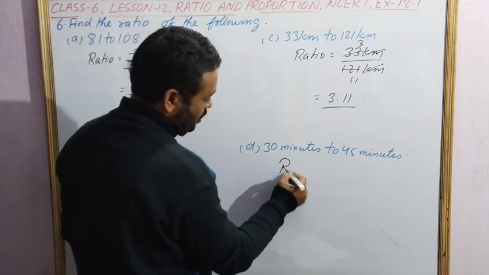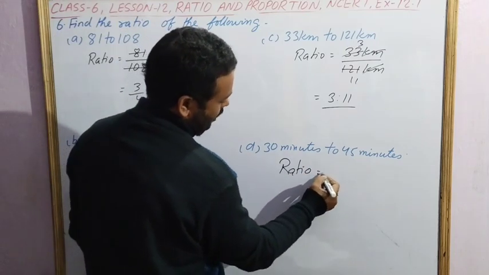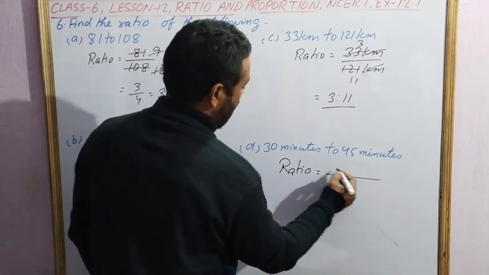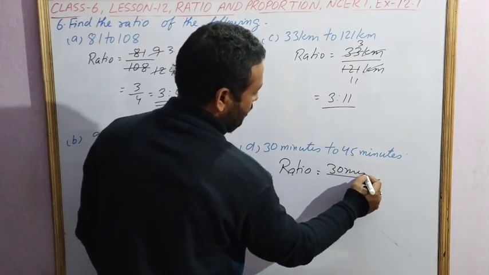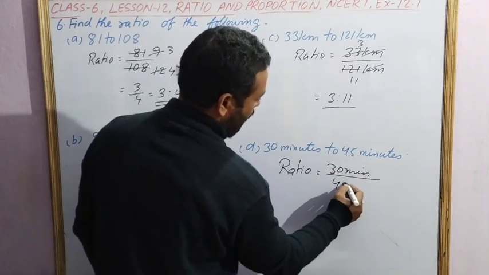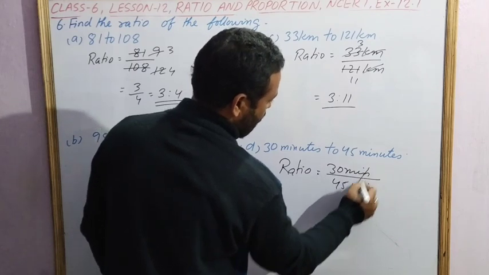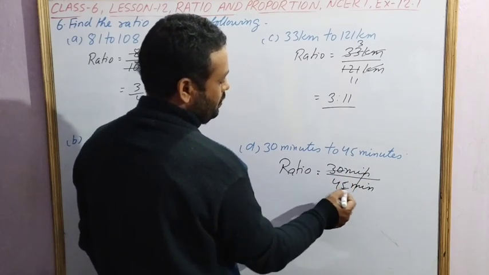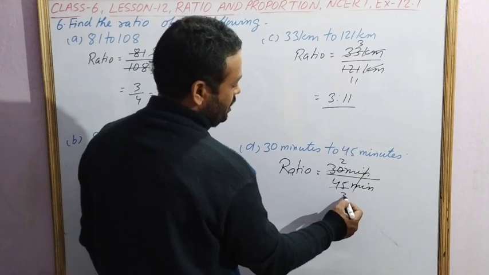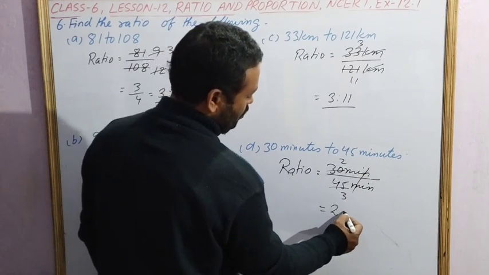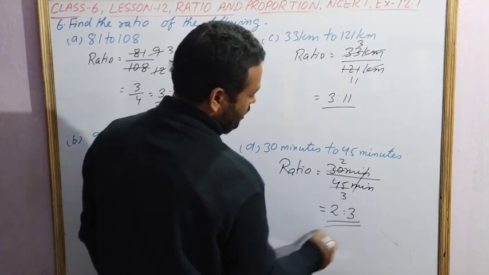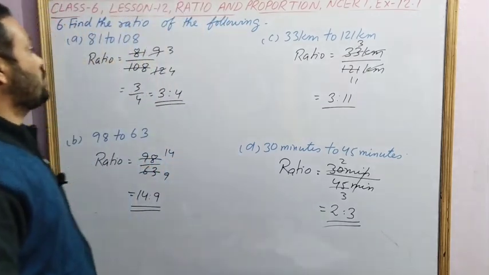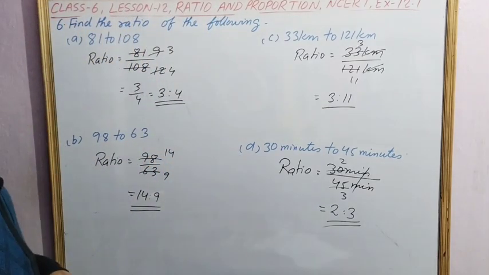What is given first will be written on top, that is 30 minutes to 45 minutes. Minutes cancel. This is divisible by 15. 15 times 2, 15 times 3. So 2:3. To find the ratio we'll do like this. Next question.